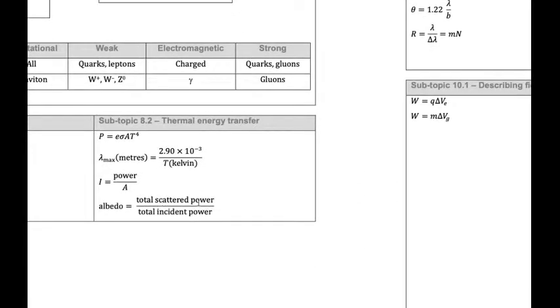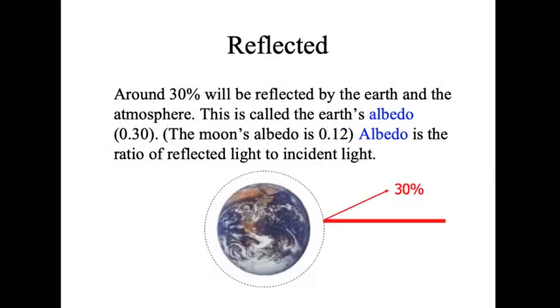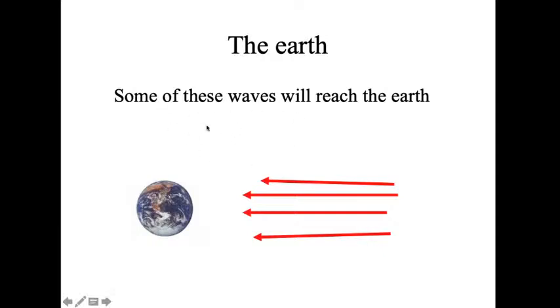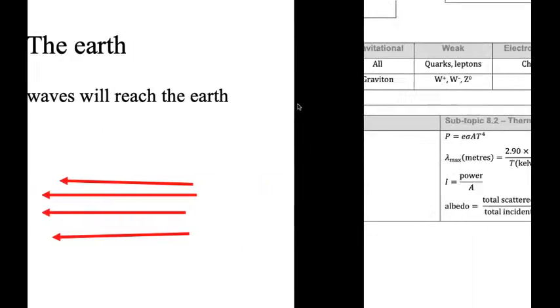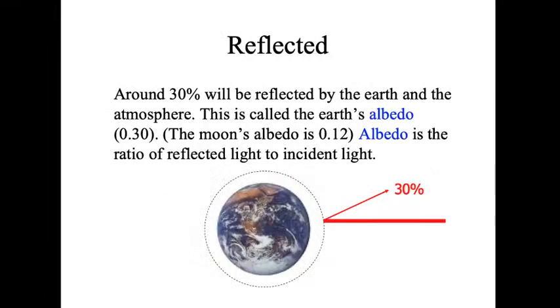Albedo is the total scattered power divided by the total incident power. So around 30% of this radiation from the sun, or these electromagnetic waves, that reaches the Earth will be reflected, and that's called Earth's albedo, which is 0.3. 30% is reflected.